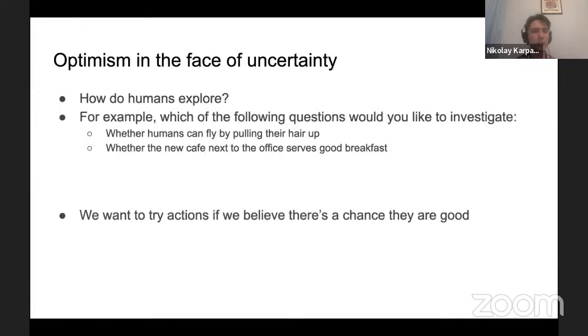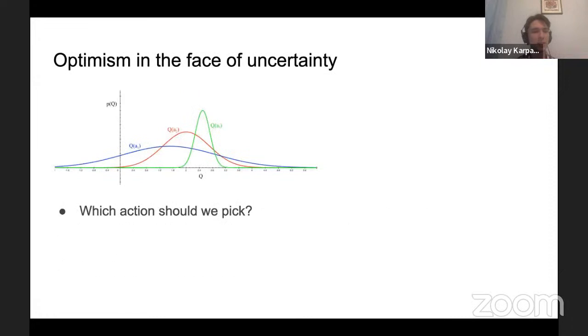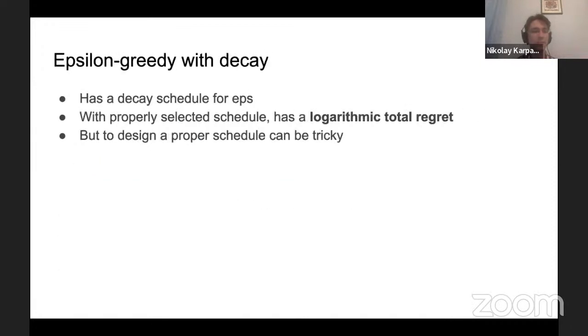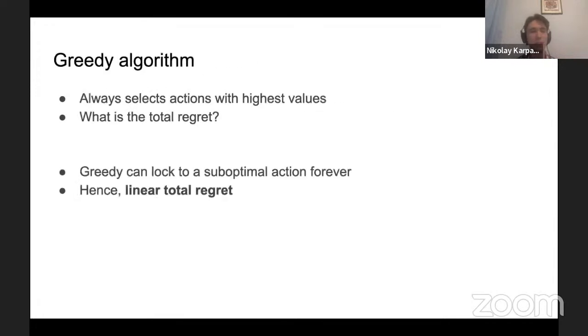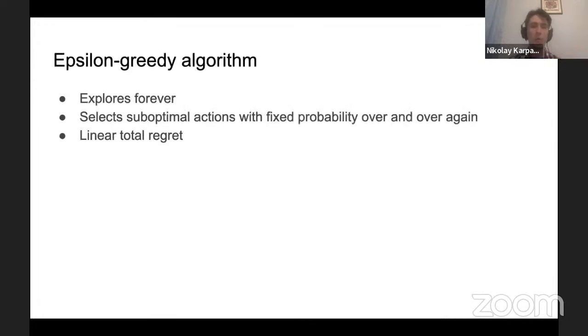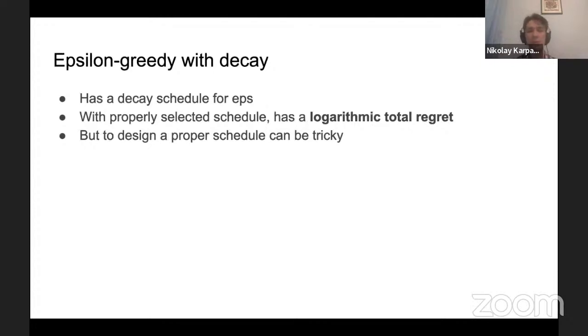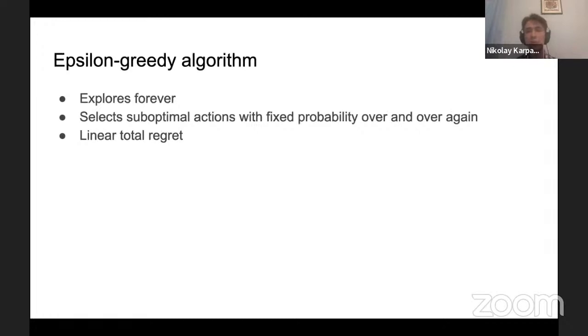I believe there were some pictures here, but for some reason they are not presenting. I hope this is not a big problem. So epsilon greedy is also linear with respect to the number of steps, because we always get less than the ideal performance, and we would never converge to selecting the best action with regard to the expected reward.